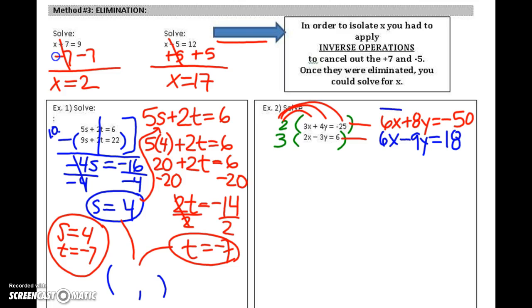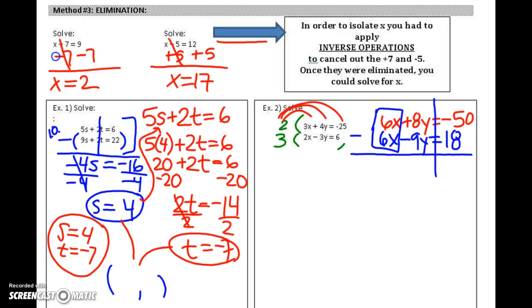Now I have the same amount of x's in both of my equations. When I have the same amount, I can either add or subtract. In this case, I would need to subtract to cancel out my 6x's. So what I'm going to do is subtract the equations.